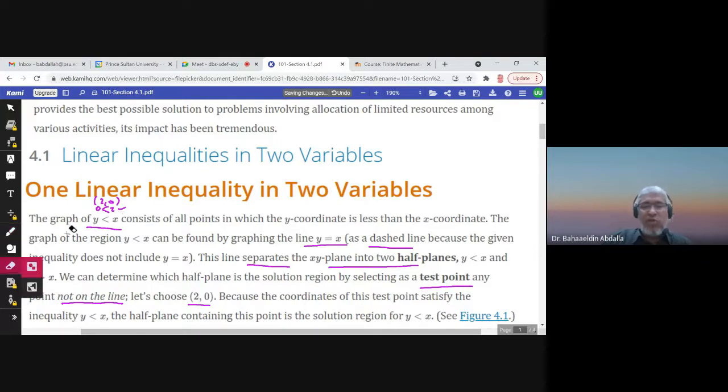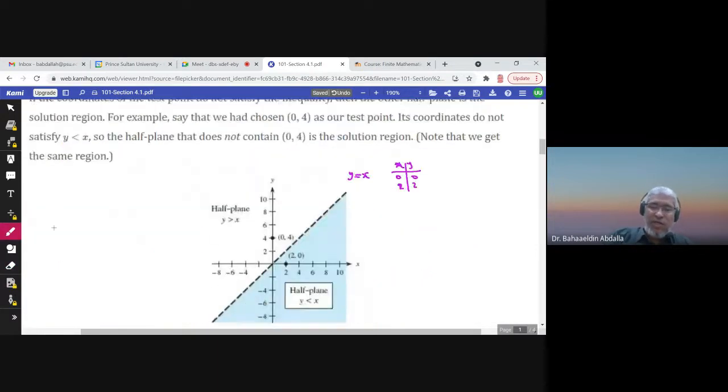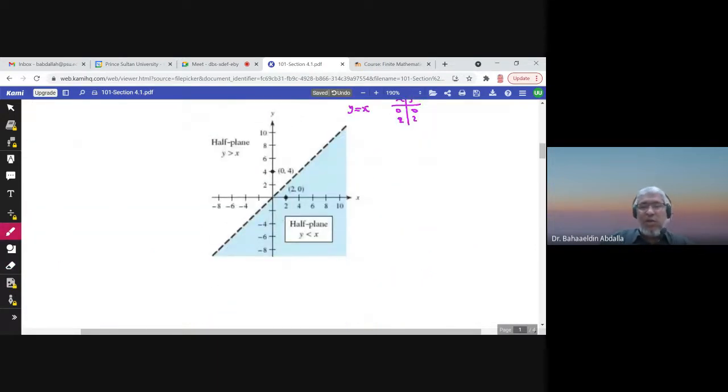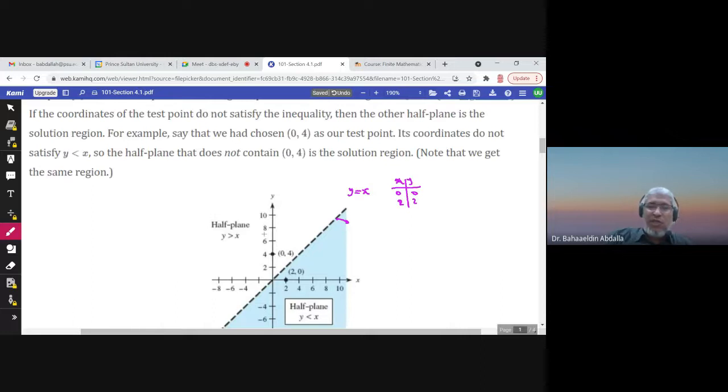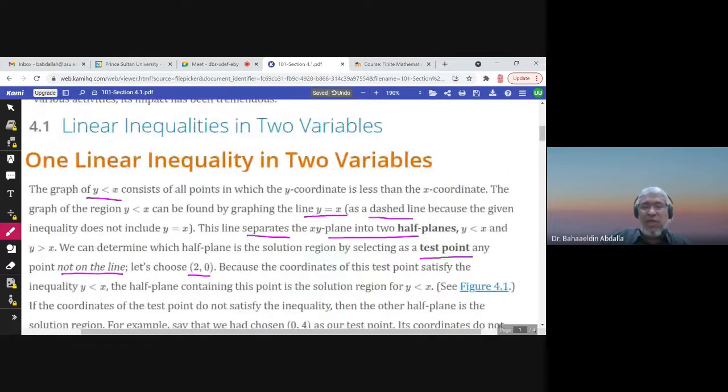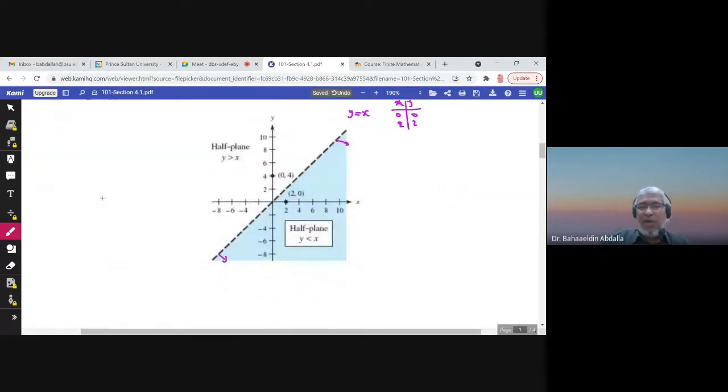So this point (2, 0) belongs to the solution of this inequality. So all of this half would be the solution. So what is the solution of this inequality? It is this half plane, the blue half plane.